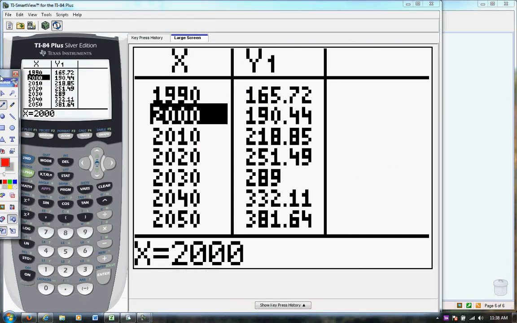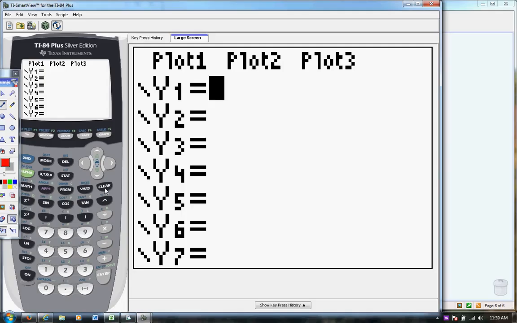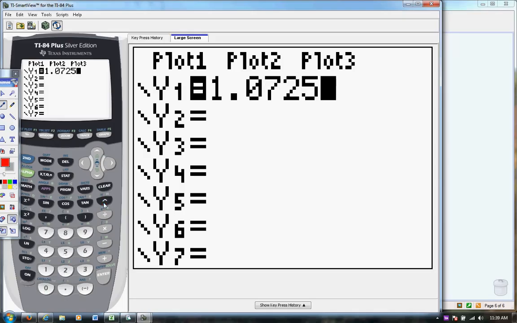I've tried doing it other ways. Now remember to turn your plot off. We don't need that plot on anymore. And clear this junk out. I'm going to enter 1.0725 caret x, and I'm going to enter y equals 2. Okay?